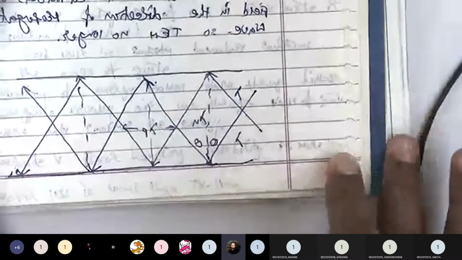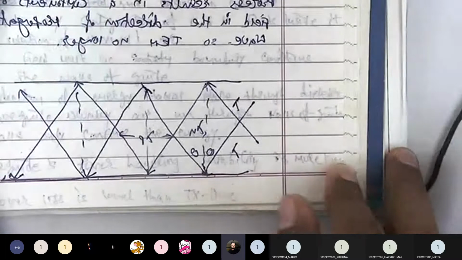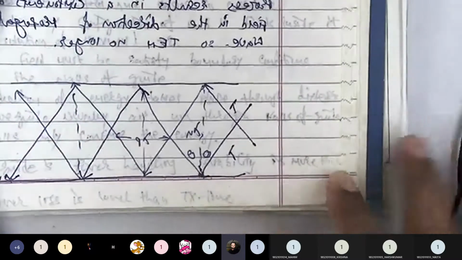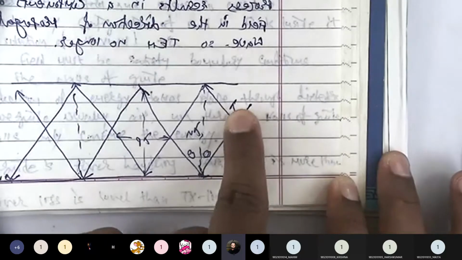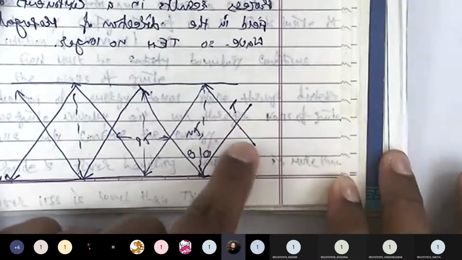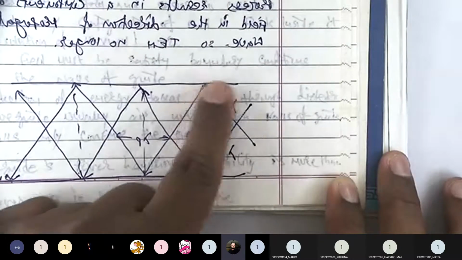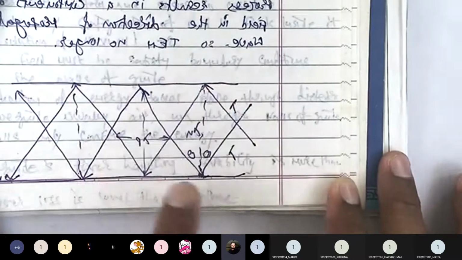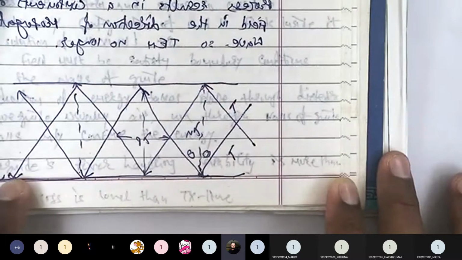From this figure, you can very easily understand that one of the lambda is entering inside the guide. This is one of the side walls. This one is also one of the side walls.